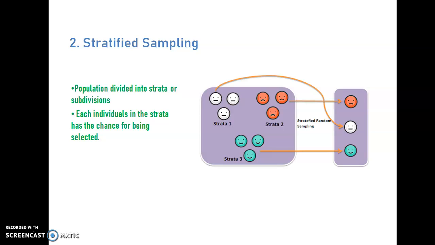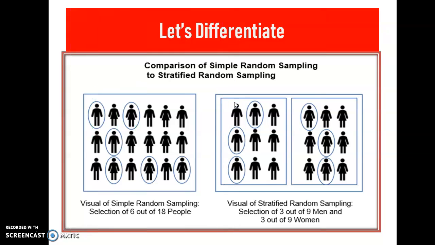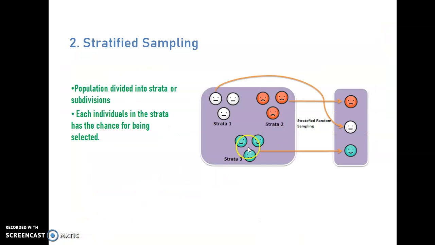Then stratified sampling. This is another type of sampling. Here we are dividing the whole population into different strata like strata 1, strata 2, strata 3. Here there are 9 individuals. We are dividing them into strata 1 with 3, strata 2 with 3 and strata 3 with 3 individuals.